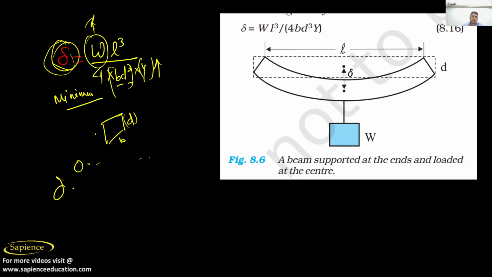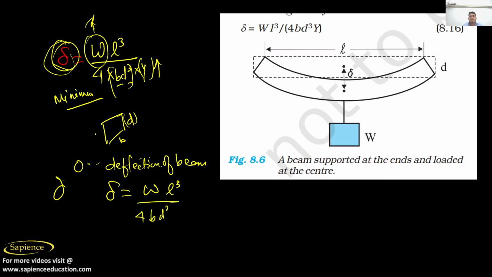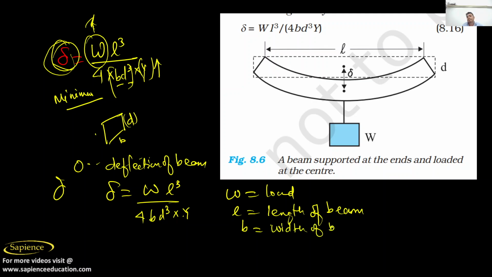Okay, so for this purpose only we have to use it. You must remember this formula, deflection of beam. This is known as deflection of beam, and this is equal to W, that is your load, into L cube, that is your length, by 4 into B D cube into Young modulus of elasticity. W is your load, L is your length of the beam, and B is your width of the beam.